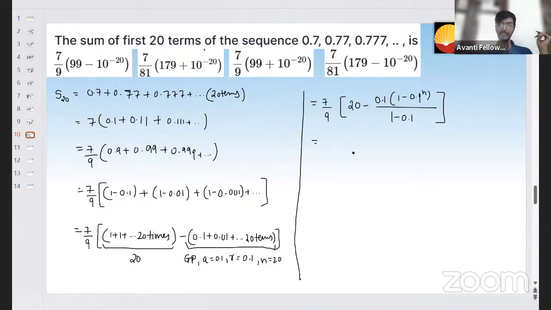Let us simplify it, guys. Minus here I'll get 1 by 9 into 1 minus 10 raised to the power minus 1. So in place of n it is 20 here.